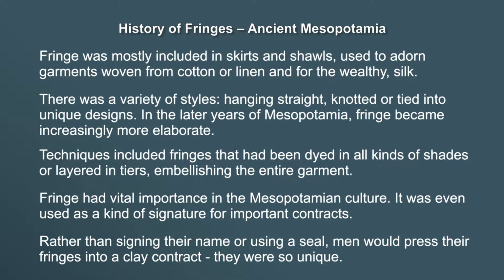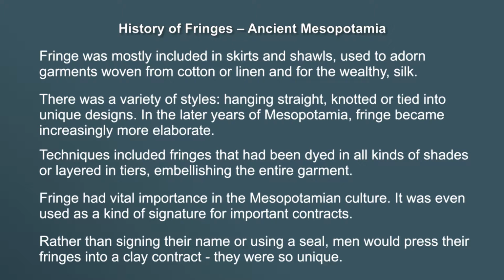Fringe was mostly included in skirts and shawls used to adorn garments worn from cotton or linen, and for the wealthy, silk was used. There was a variety of styles, hanging straight, knotted, or tied into unique designs.